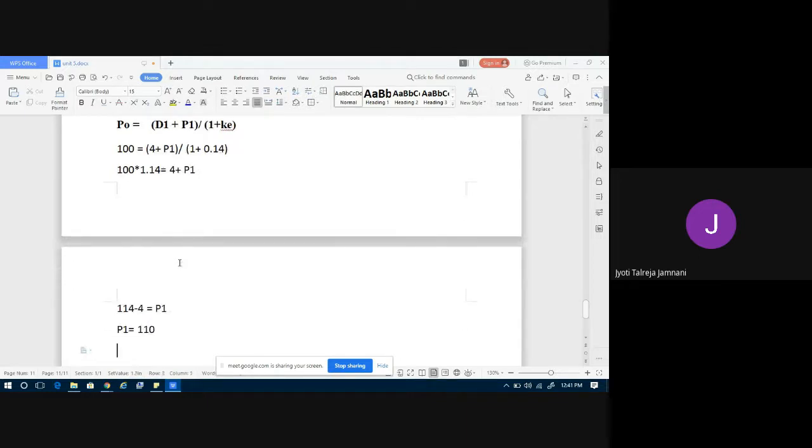Now we know the value of the share. Now we can find the new number of shares. The formula for the new number of shares I'll copy.